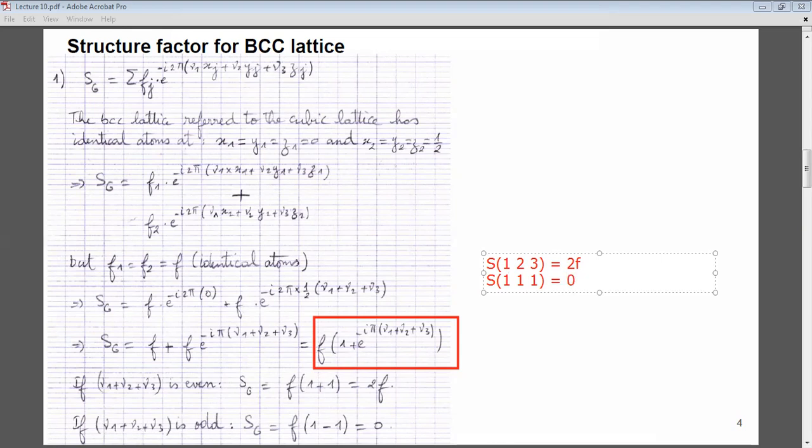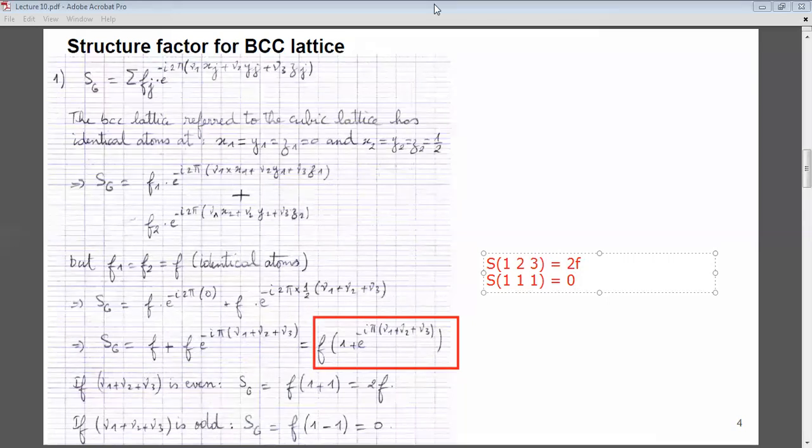So if I do this experiment, wherever I see peaks, they will be reflections from these planes. In the case of a BCC lattice, I will only see peaks when v1 plus v2 plus v3 is even, and nothing when it is odd.